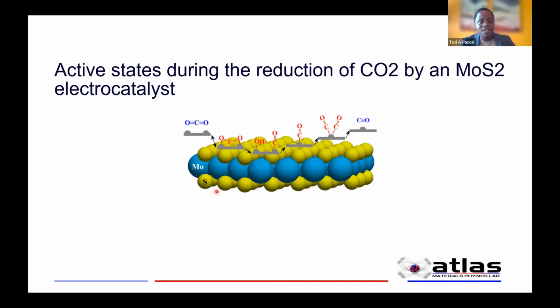So what happens if we create nanoscale molybdenum disulfide features, and we start charging it? Can we understand which species actually are stable as a function of charge? That was the motivation here.